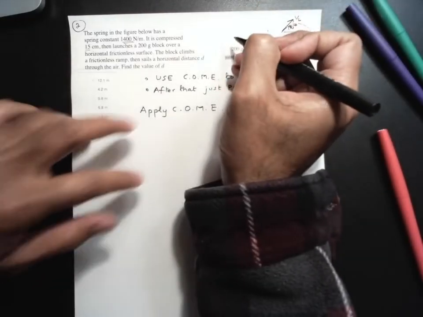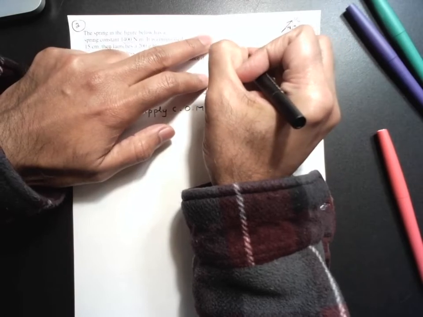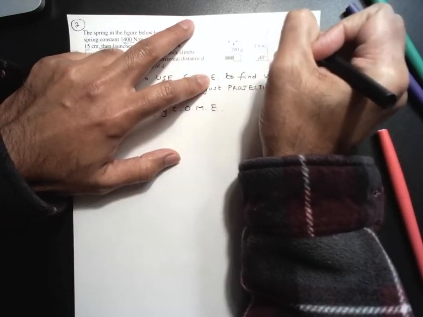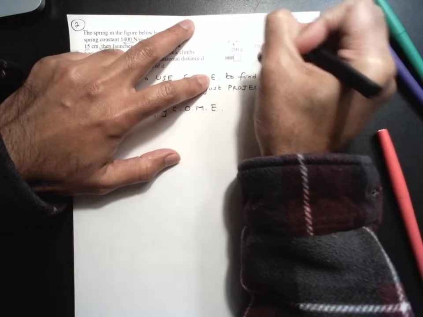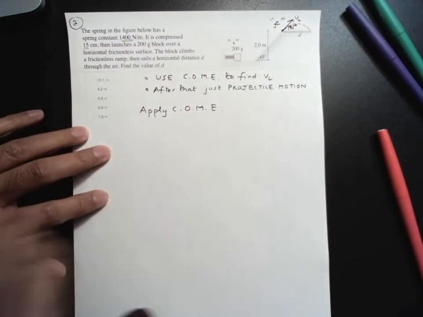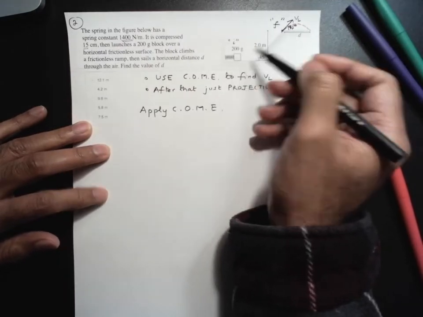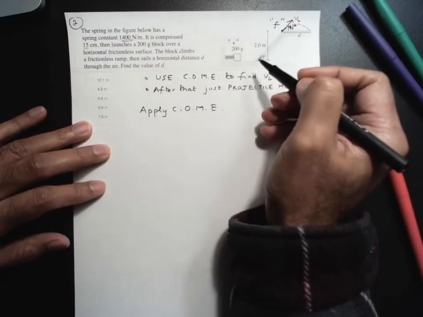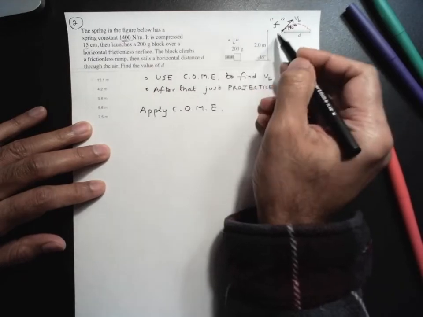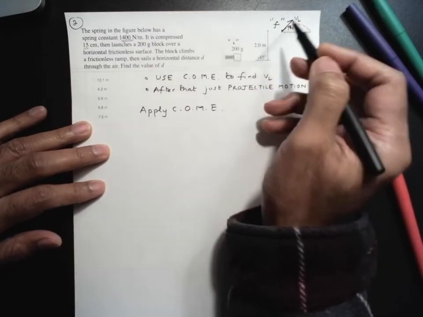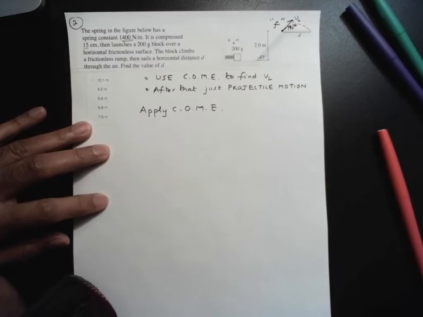So in this case, the initial position is here, and the final position is right here when it launches. You don't need to look at anything in between, because it's all frictionless, so I can look at those initial and final points.